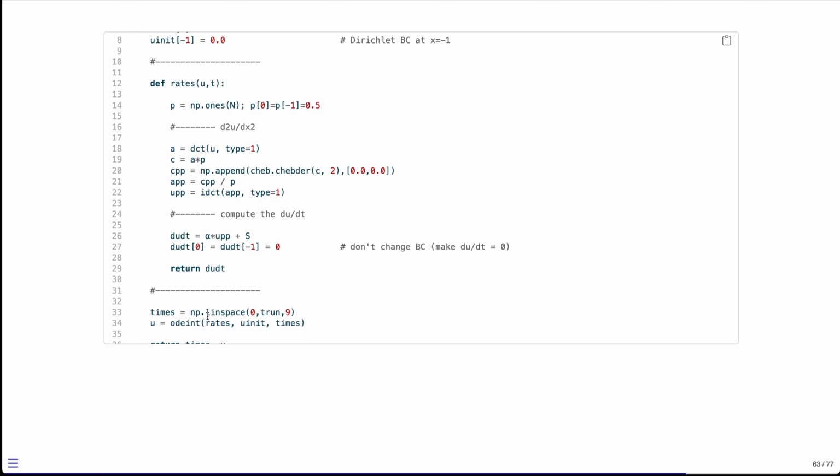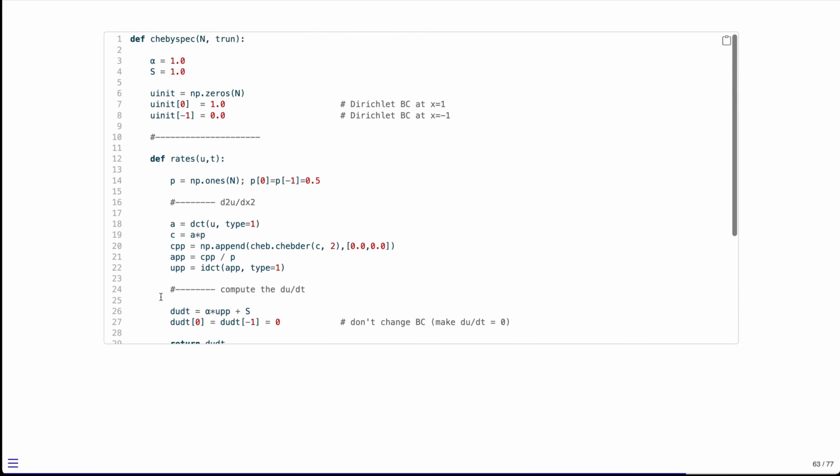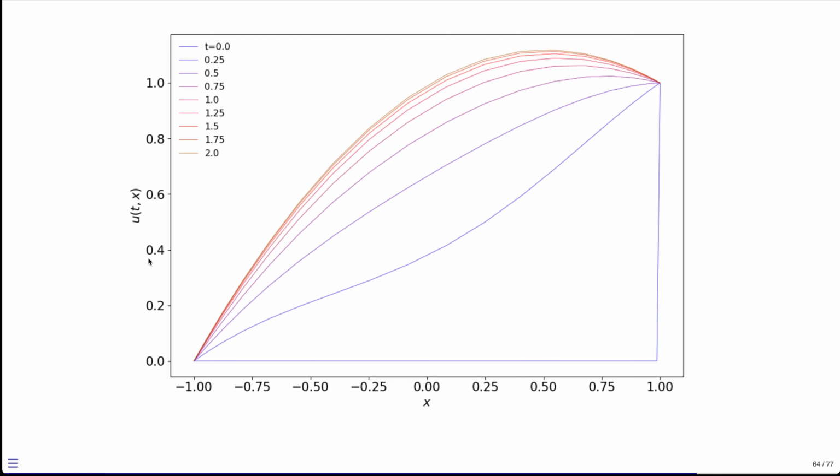Then we just solve it with ODE-int, and we can plot the results, and this is what we get. So you can see the evolution in time. We start with zeros except on the boundary, which is 0 and 1, and then we watch the evolution in time. We have a source term here, and that results in this steady state value.